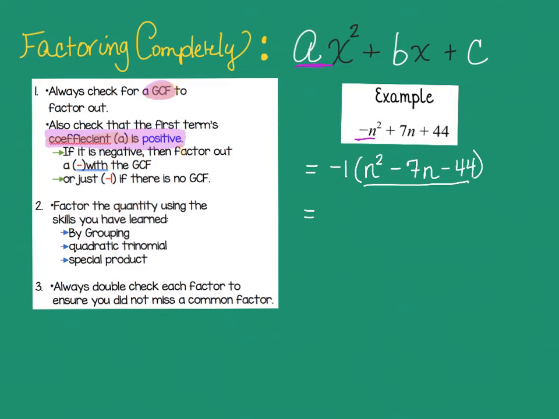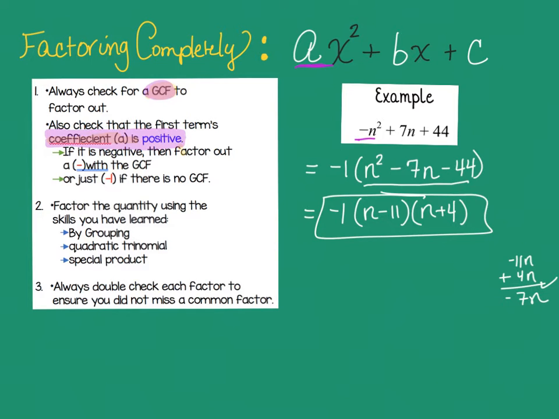So in this case, we bring down the -1 factor, and this will factor to 2 binomials, n minus 11 and n plus 4 would be the correct answer. We can check that real quick. -11n plus 4n is -7n, and the first and the last term checks out, so this is our answer.